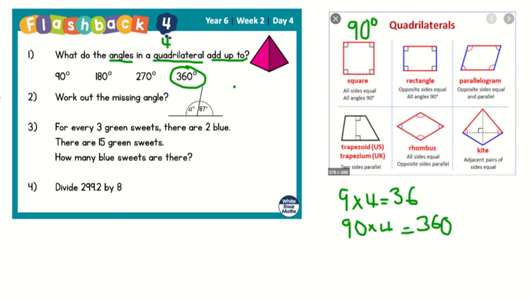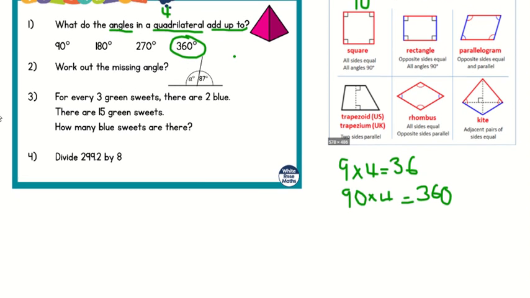Okay, let's have a look at question number 2 then. It says work out the missing angle. So let's think about what I know. I can see a straight line on the bottom here, and I know that angles in a straight line total 180 degrees.